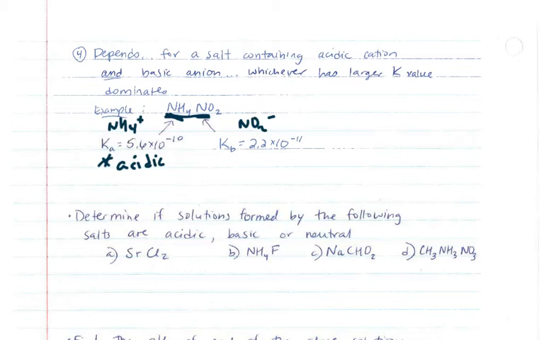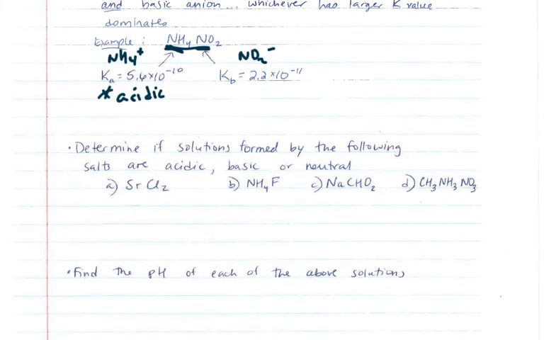So down here it says determine if the solutions formed by the following salts are acidic, basic, or neutral. So strontium is not on our Ka, Kb table, and that's because it comes from strontium hydroxide. The cation always comes from a base. The anion always comes from an acid.